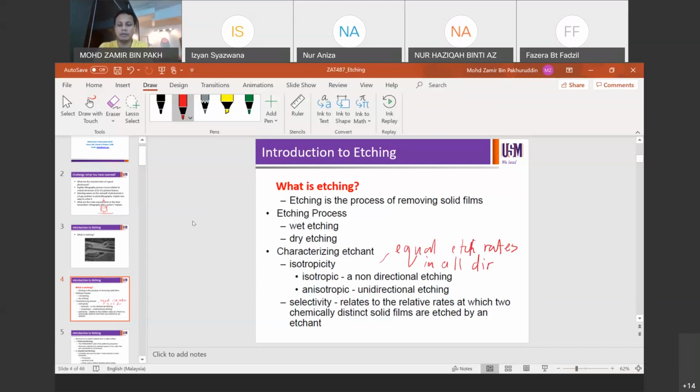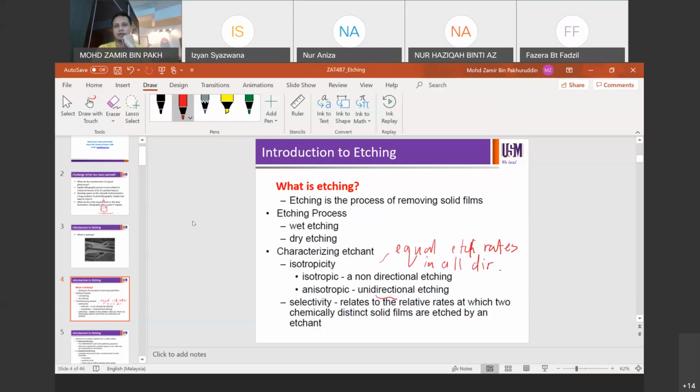Maksudnya dia akan remove the material top, right, bottom, left, and any direction in between with equal etch rate. So you're typically going to end up with equal removal of material in all directions in comparison to the etching location, right? On the other hand, anisotropic means unidirectional.